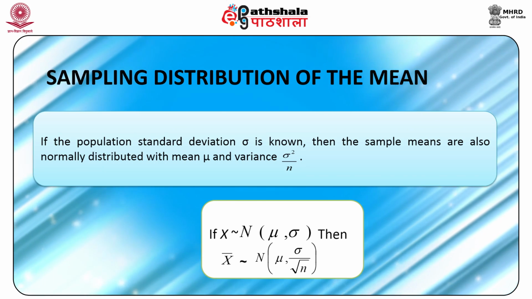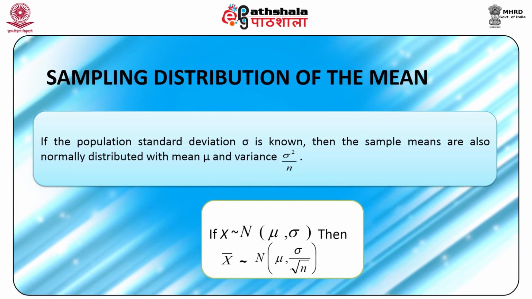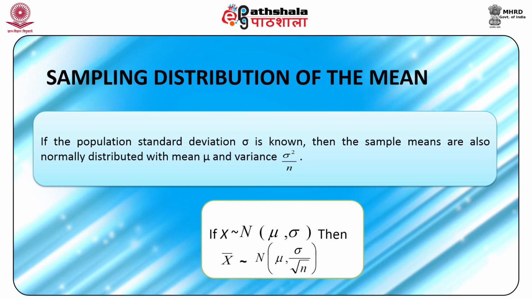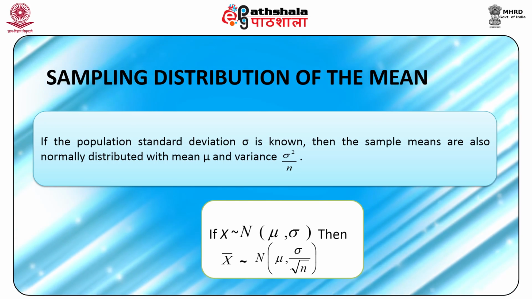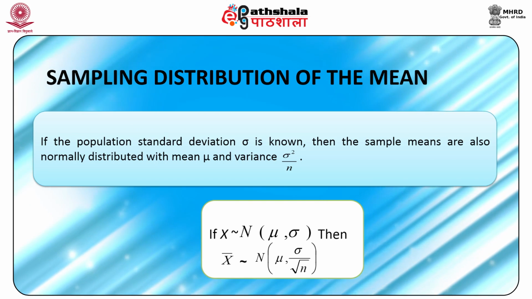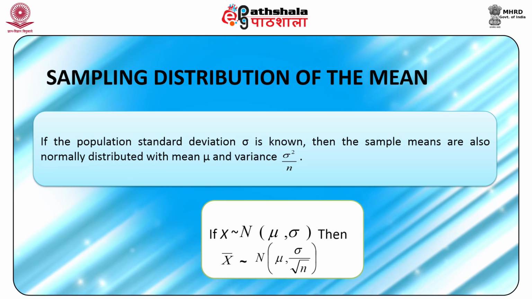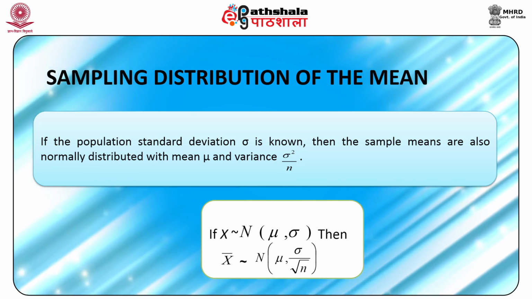So we have the result that if x is normally distributed with mean mu and standard deviation sigma or variance sigma square, then x bar is distributed normally with mean mu and standard deviation sigma by root n, and variance would be sigma square by n.